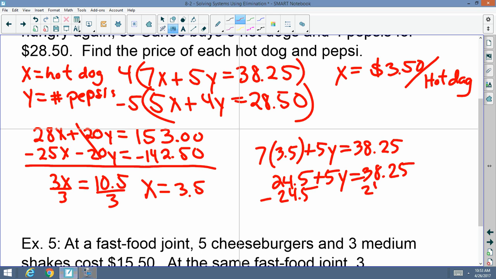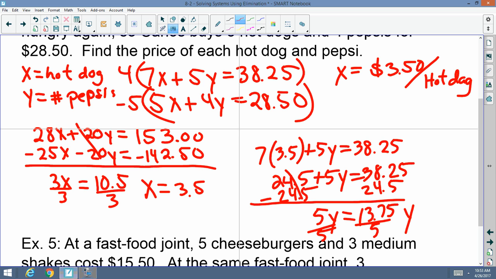Subtract, 5y will equal 38.25 minus 24.5. That's 13.75 divided by 5. Y would equal 2.75.